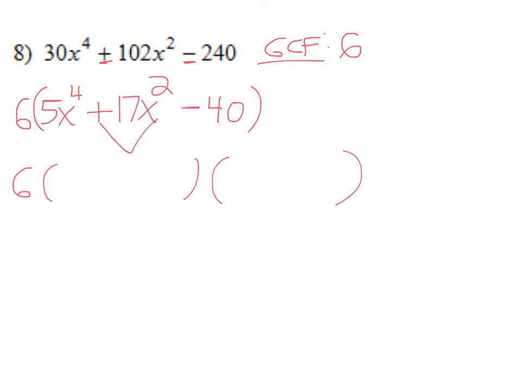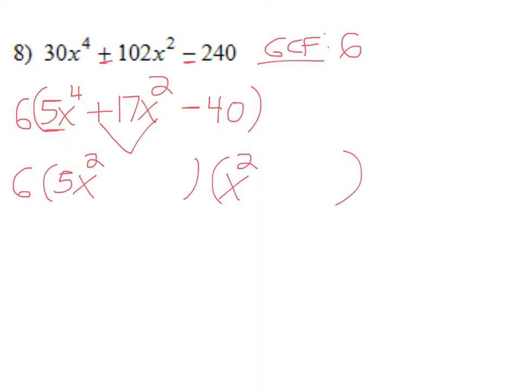But here's the thing. Since this is x to the 4th, I'm going to have an x squared and an x squared here, so that when I multiply those, it gives me x to the 4th. The only factors for 5 are 5 and 1, so I'm going to have 5x squared and x squared. That's the one little difference there.